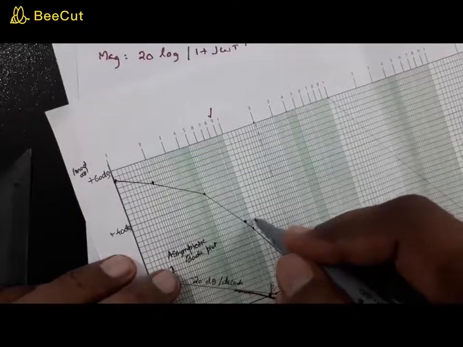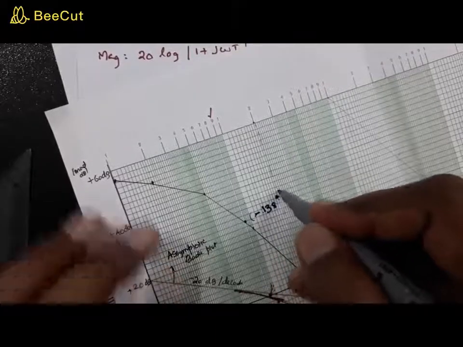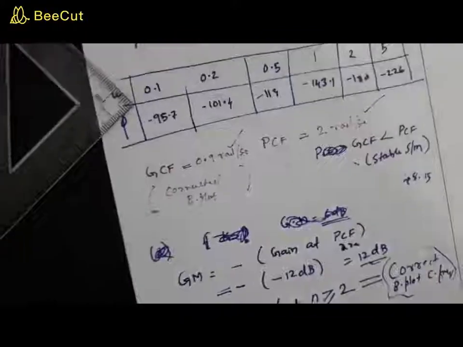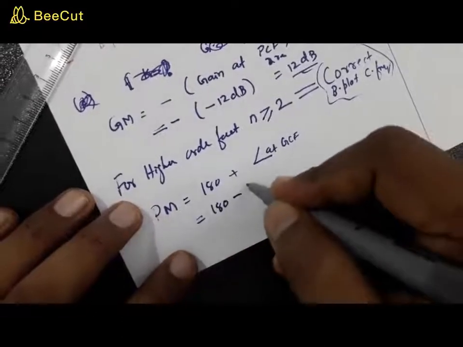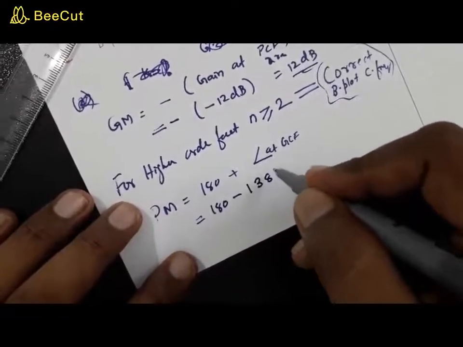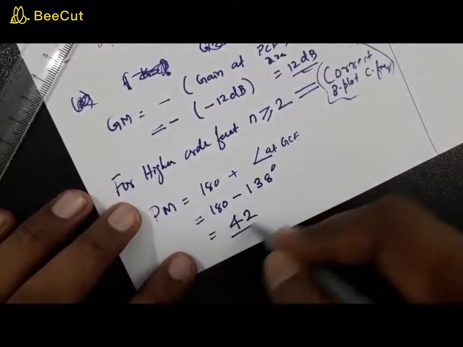So this corresponds to minus 138 degree. So that means you will be getting this as 180 minus 138 degree, which is equal to 42 degree.